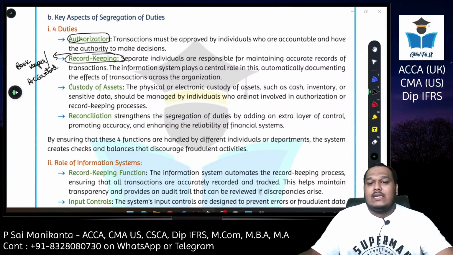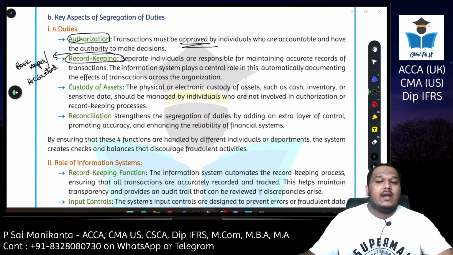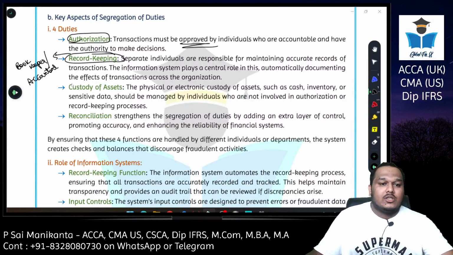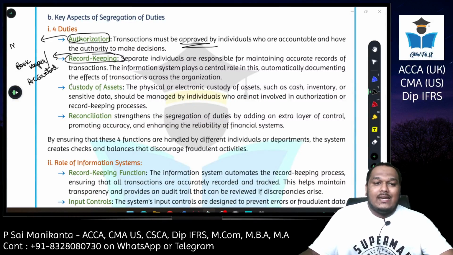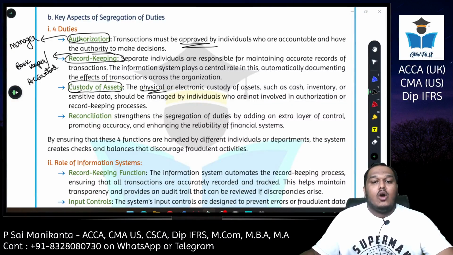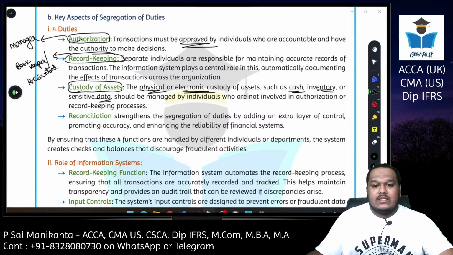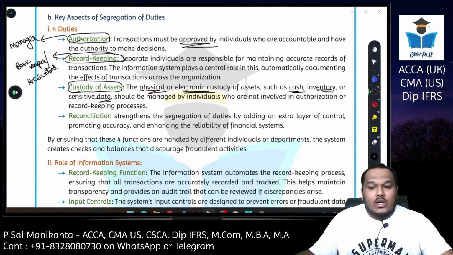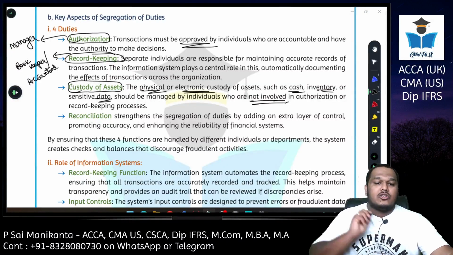Record keeping has to be done by one person, and that transaction should be authorized by somebody else. The transaction must be approved by individuals who are accountable and have the authority to make decisions. Who is this? The approval manager. Okay, next, the custody of assets should be with somebody else. That means the physical or electronic custody of assets like cash, inventory or sensitive data should be managed by individuals who are not involved in authorization or record keeping.